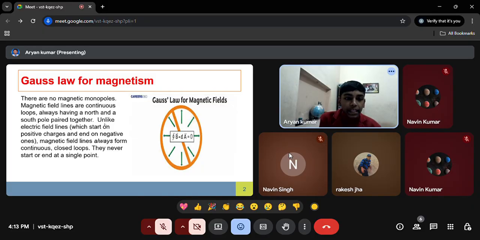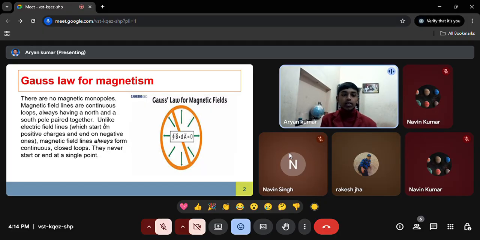Gauss's law for magnetism: there are no magnetic monopoles. Magnetic field lines are continuous loops. They always have a north and south pole paired together. Unlike electric fields, which start on positive charges and end on negative ones, magnetic field lines always form continuous closed loops. They never start or end at a single point. We can imagine the magnetic field loops as a whirlpool.